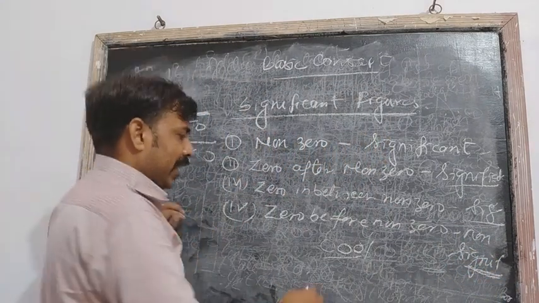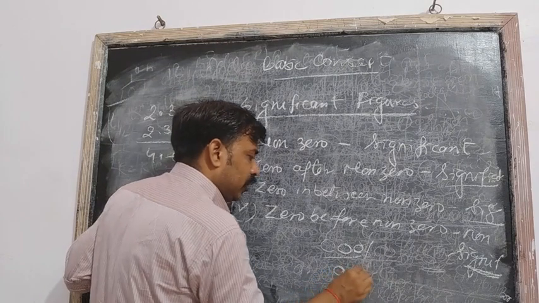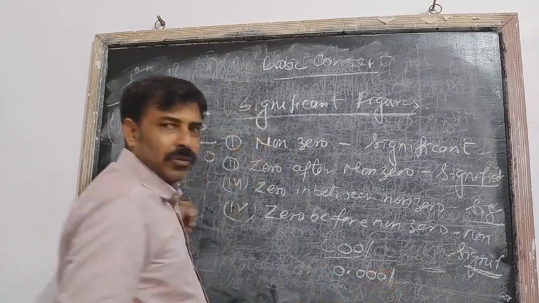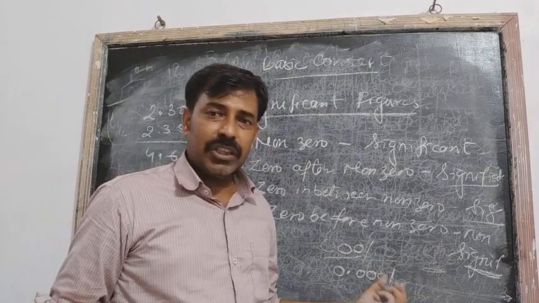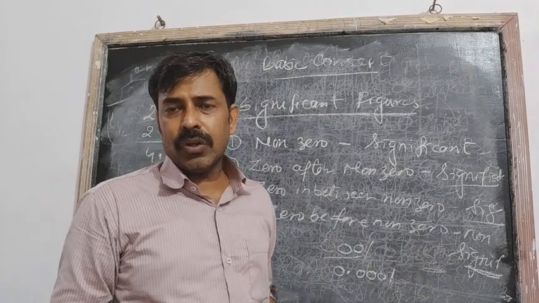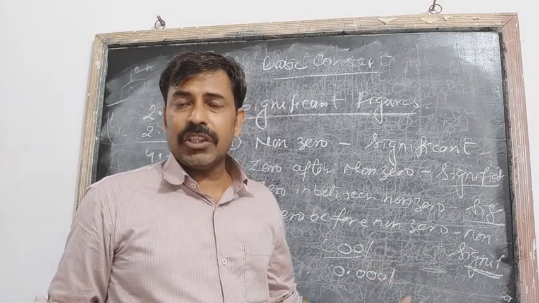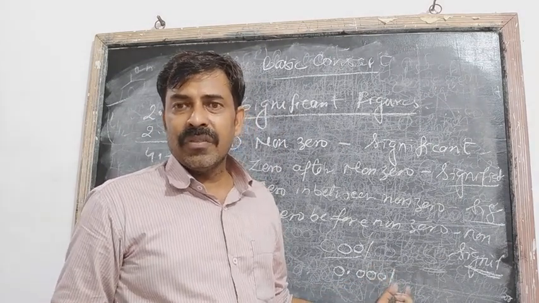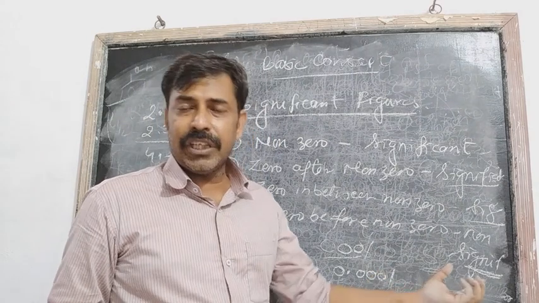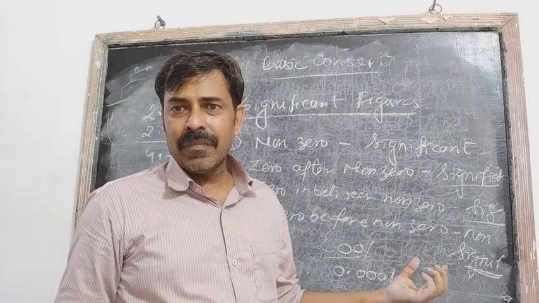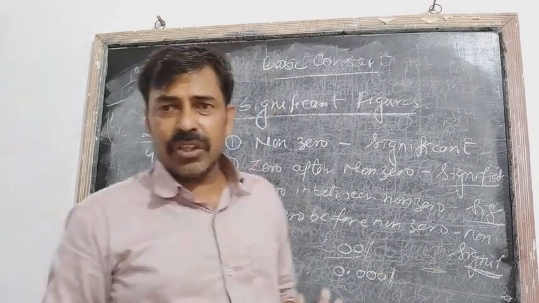But if you are taking a value like 0.0001, whether these zeros are significant or not, they are also not significant, because these zeros are just suggesting the position of the 1, that the 1 is coming after 3 digits after the point. There is nothing else. The 0 does not have any value.